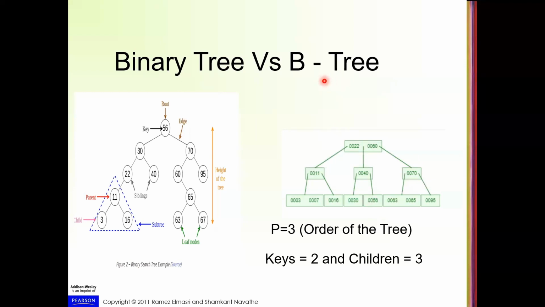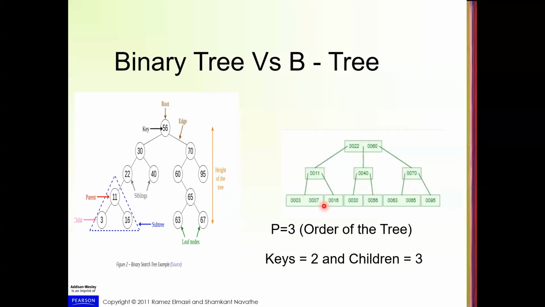And there comes the concept of B trees. You can consider the B tree as a balanced version of a binary tree which has certain rules. Now, here we have the binary tree and here we see the B tree.